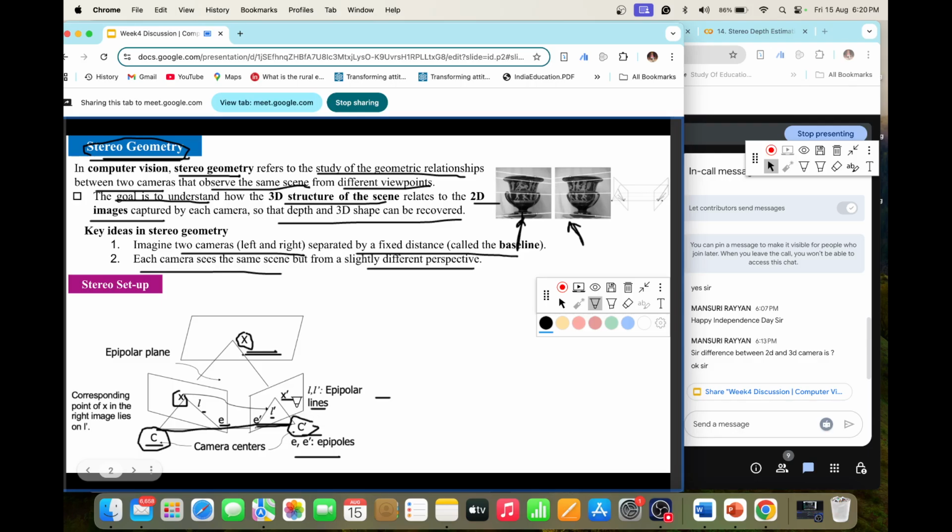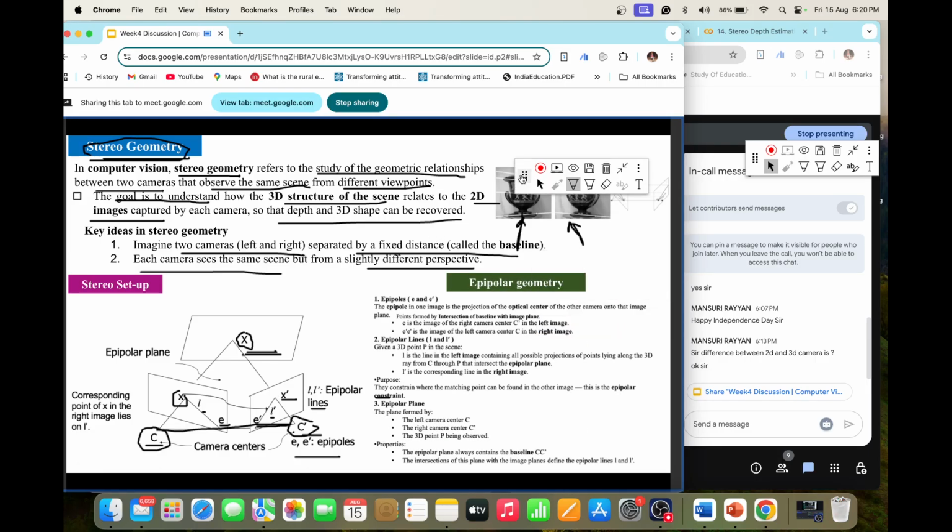We have discussed all the terminology. Now let's see the definitions to be more clear. The epipole, in the simplest definition, is found by the intersection of the baseline with the image plane.